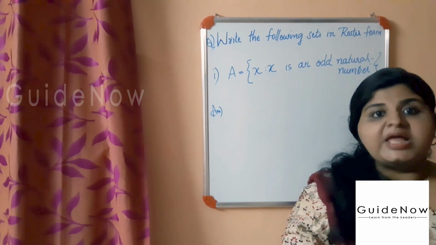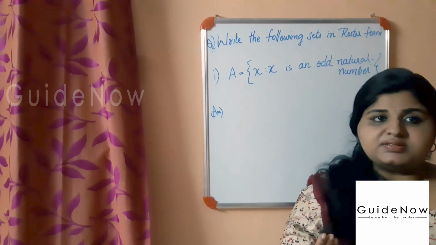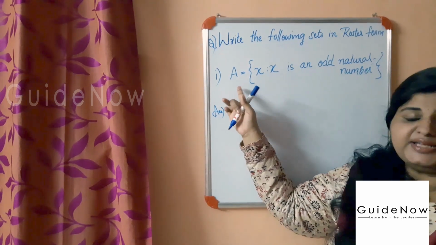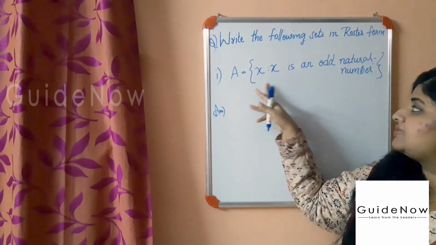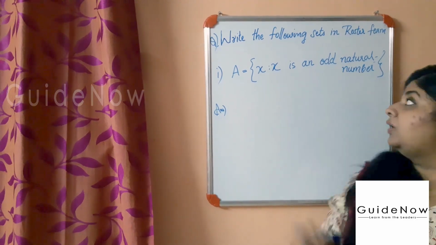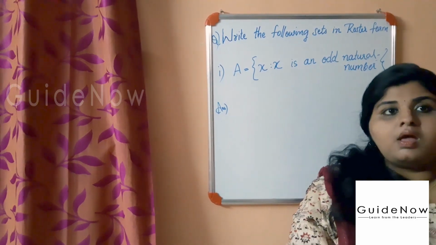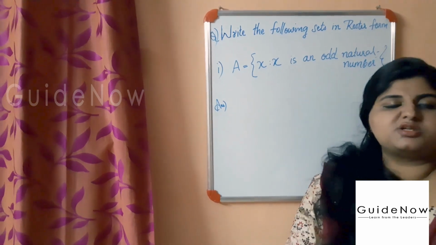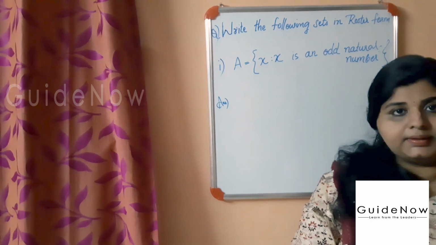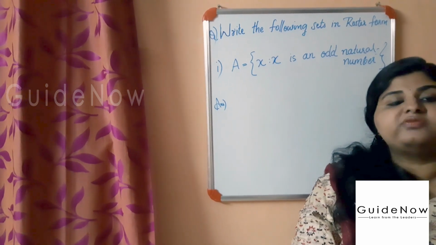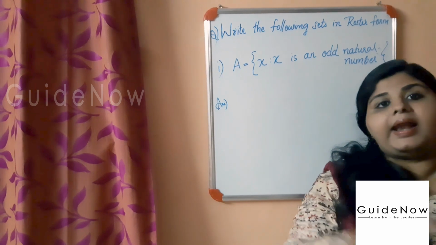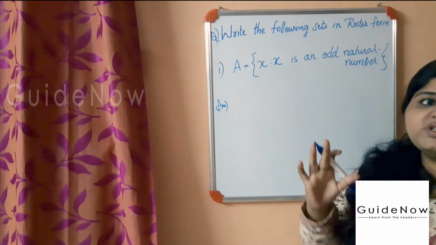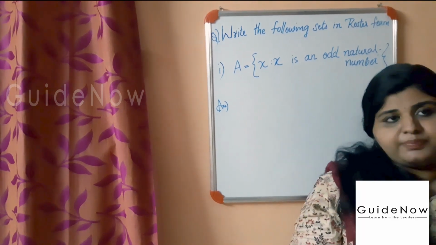What is roster form? We have to list the elements inside the bracket. So the first question is set A equal to {x such that x is an odd natural number}. What are odd natural numbers? 1, 3, 5, 7, 9, 11, etc. Here the limit, up to which number, is not given, so we have to write up to infinity.